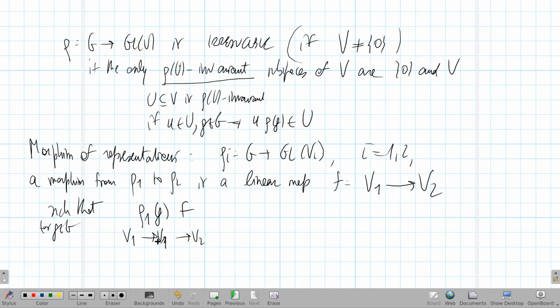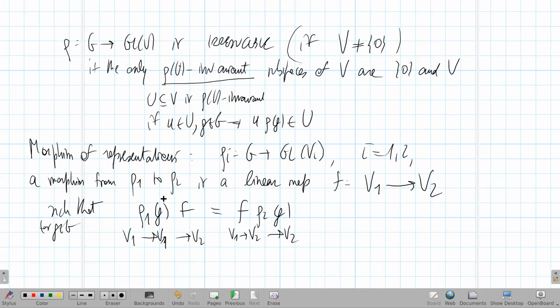So in the end, this is a map from V1 to V2 equals this. And of course, this goes from V1 to V2, and rho 2 of g, by definition, goes from V2 to V2. So a morphism of representations is a map that commutes with the action of G.